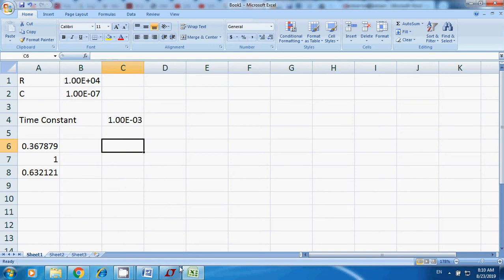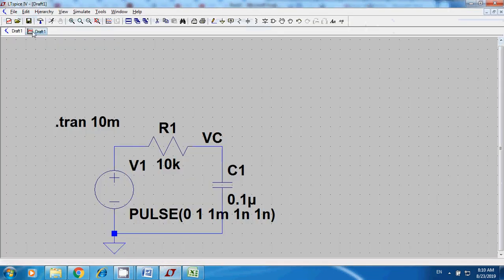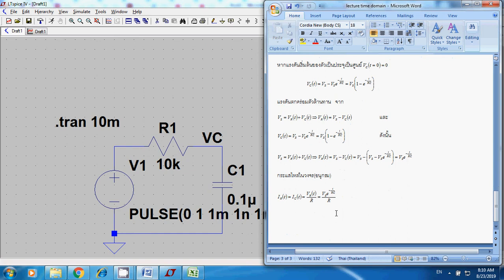So let's see how it looks. By following the equation, the current is equal to Vs multiplied by exponential negative t over RC, divided by R. At t equal to 0 it is supposed to equal Vs over R, or 1 over 10k.